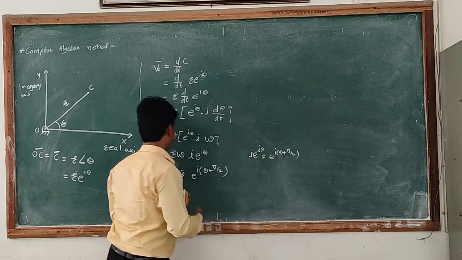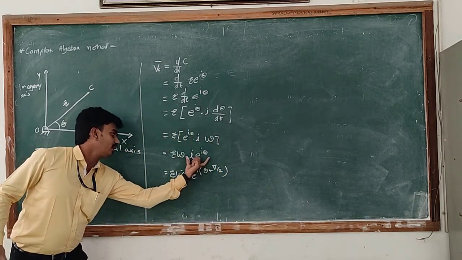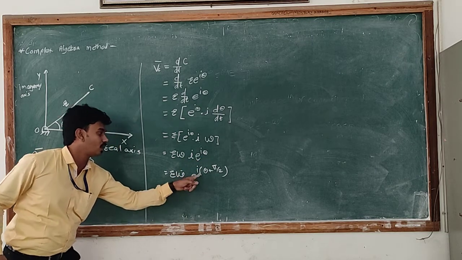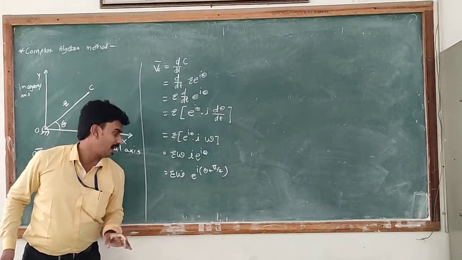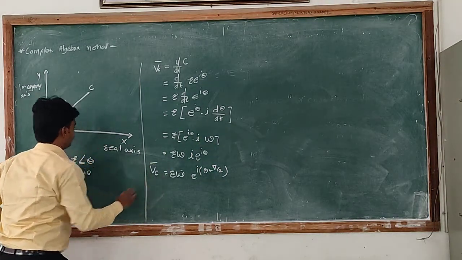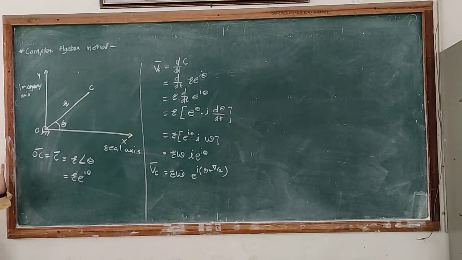So similarly, this term I into e raised to I theta is equal to e raised to I into theta plus pi by 2. Okay, this is the velocity of this link OC.